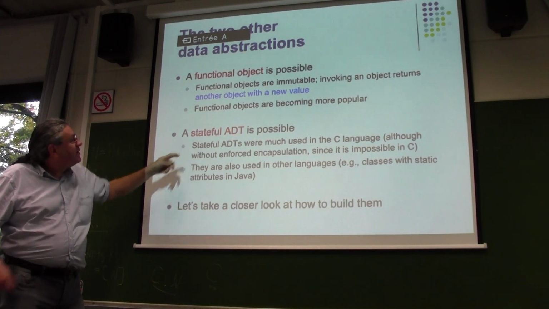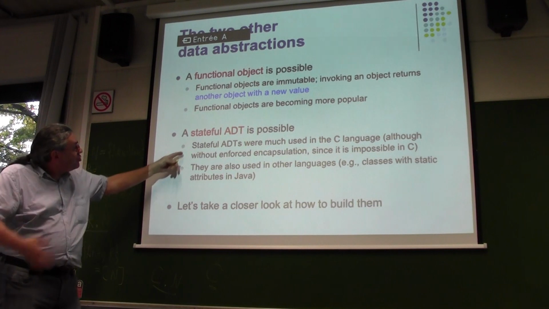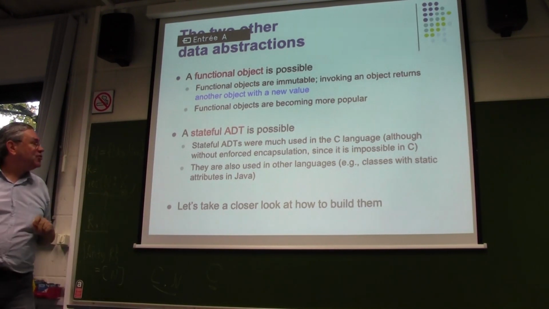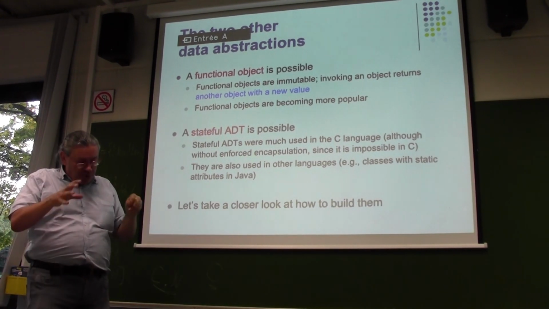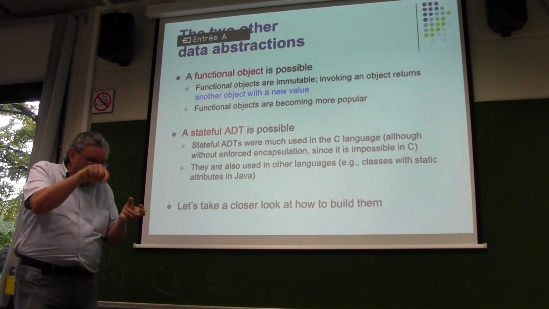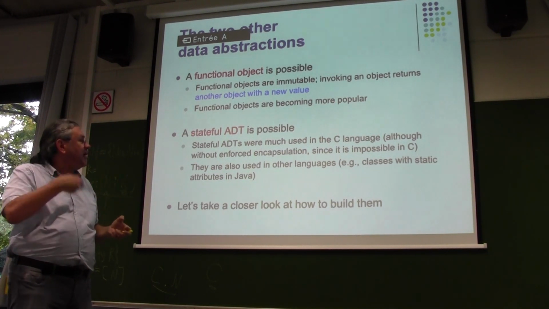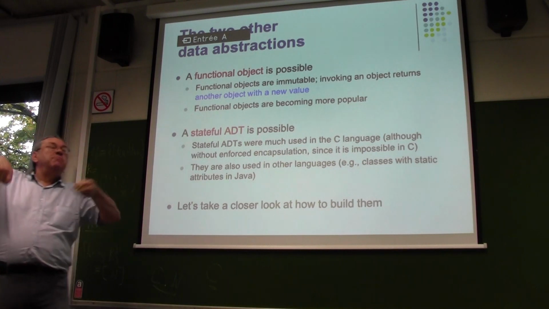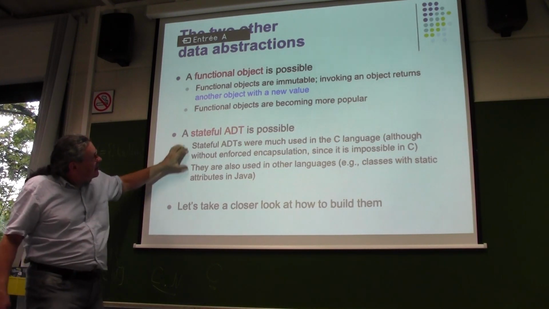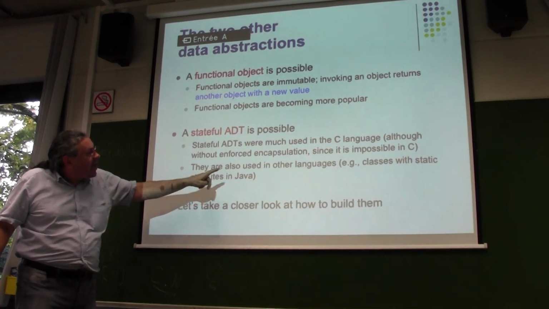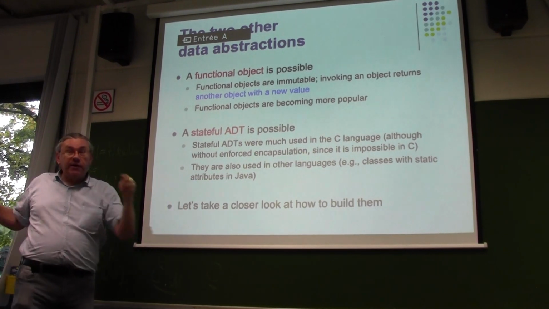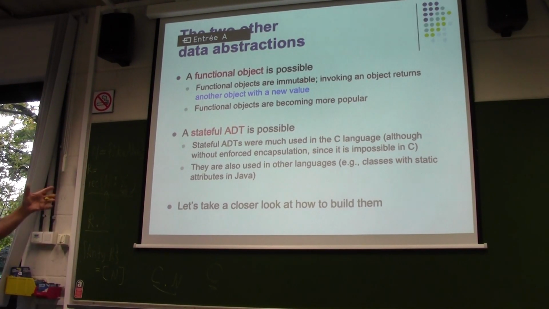And the second one is a stateful abstract data type. This actually was used before in C, the old language C. You built something which looks like an object, like a struct, a record, and you put stuff and you update the values. So the values can be updated, okay? And you can see it a little bit. If you have a class with a static attribute in Java, so a class is a value, okay?